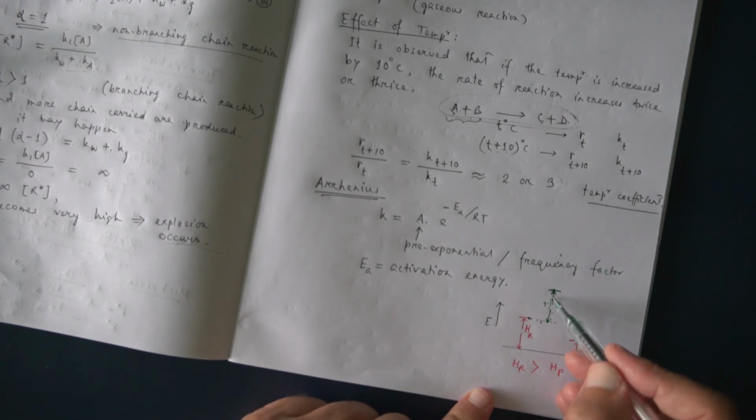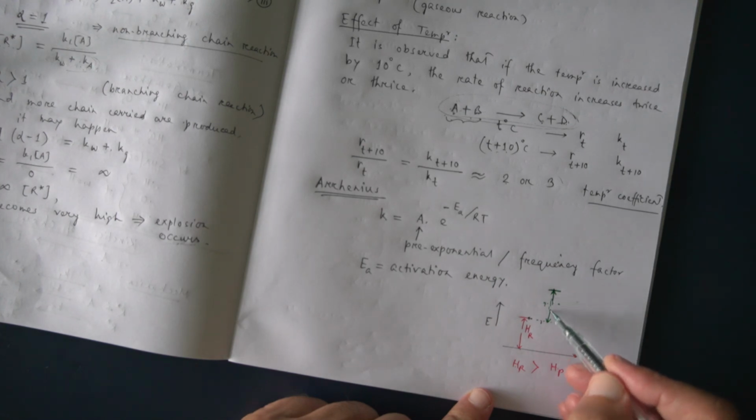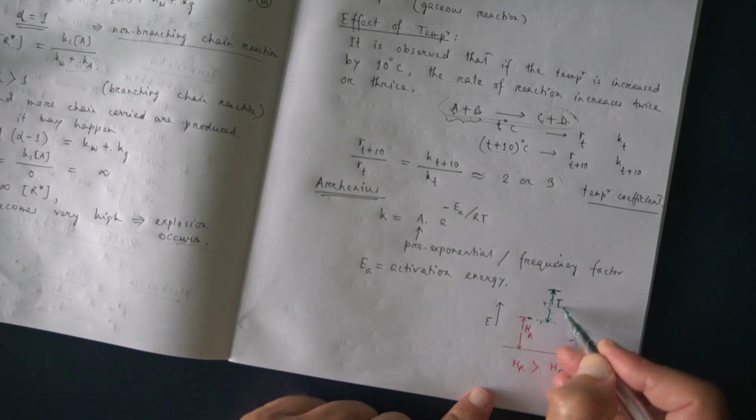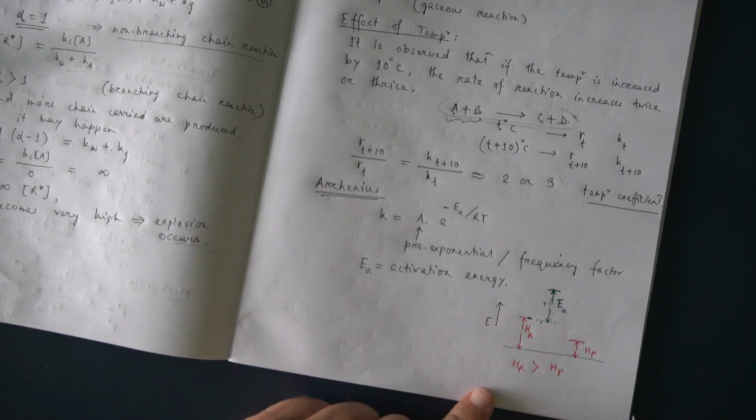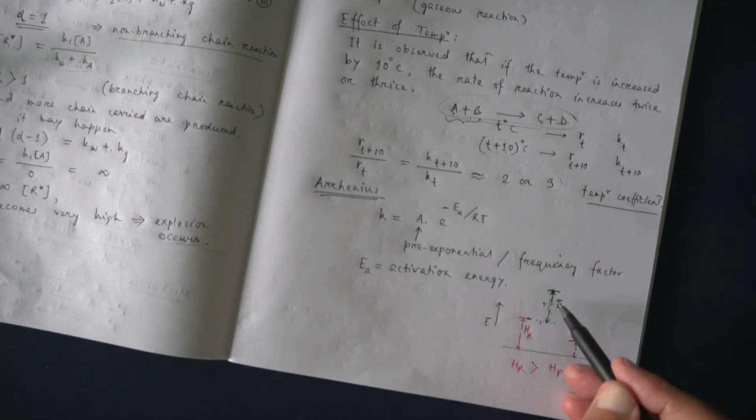So this is the minimum energy the reactant needs to form the product, and this is known as the activation energy. Okay? What is activation energy? It is the minimum energy the reactant needs to form the product.